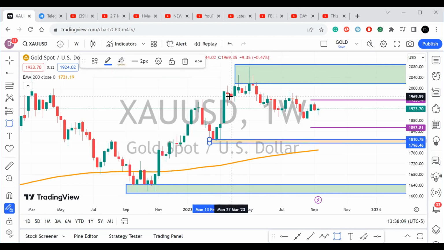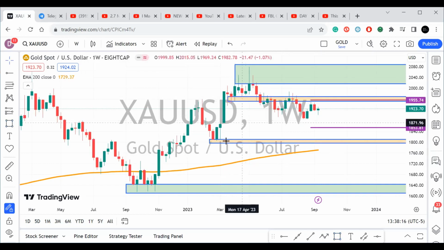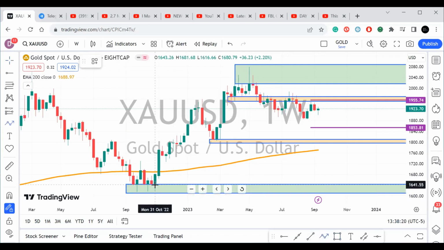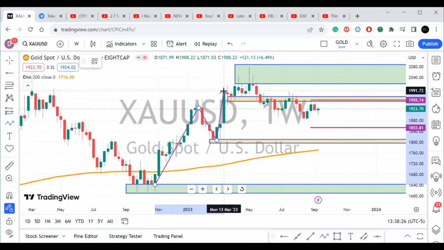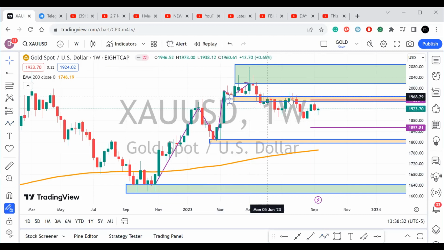These are our next weekly structure. Right there. So that gives us, from this low, we have a high, we have a low, we have a high. So this is the last low, and this is now our last high on the weekly time frame.